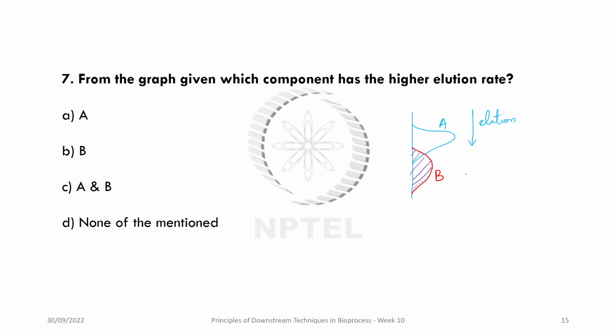So with elution, you have a peak of B and a peak of A. Or let me simplify it better for you. What's the answer?